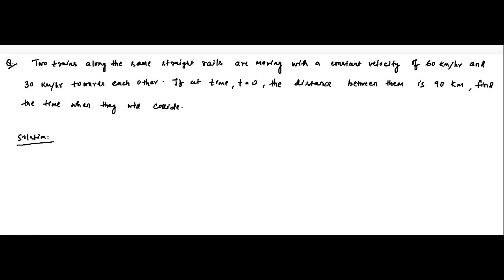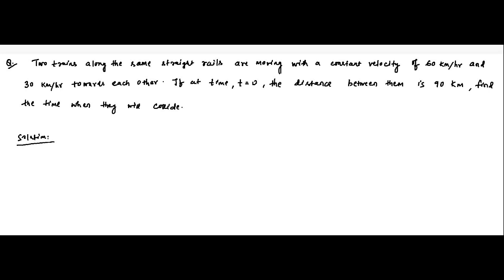Okay, that is in the opposite direction. And let's say at a particular time where the observation started, it was given time t equals to 0. The distance between them is 90 kilometers. Find the time when they will collide. Okay, so let us try to understand this question.